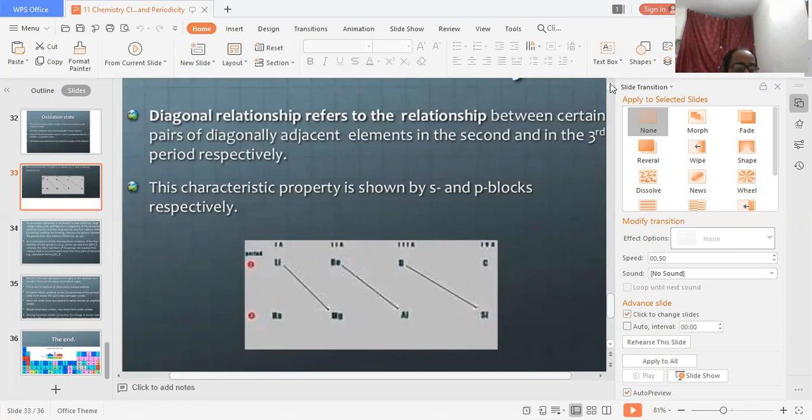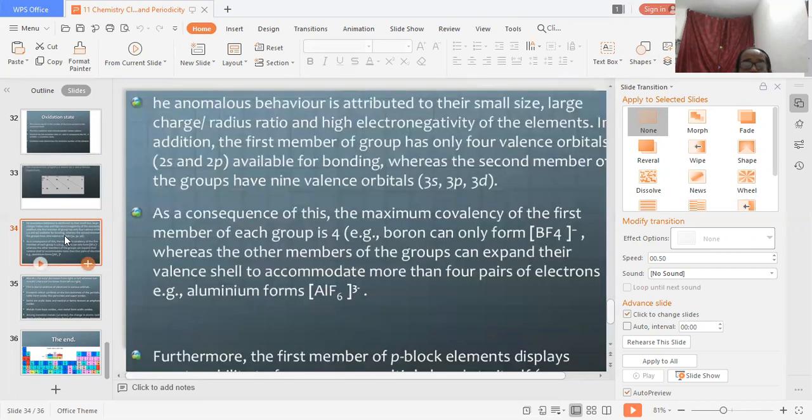So diagonal relationship refers to the relation between certain pairs of diagonally adjacent elements in the second and third period, and their characteristic properties we also discuss in the S and P block. So this is called diagonal relationship. The anomalous behavior is attributed to their small size, large charge-radius ratio, and high electronegativity of the elements.